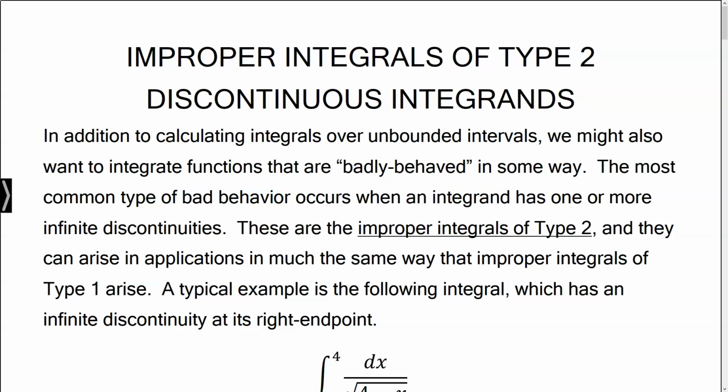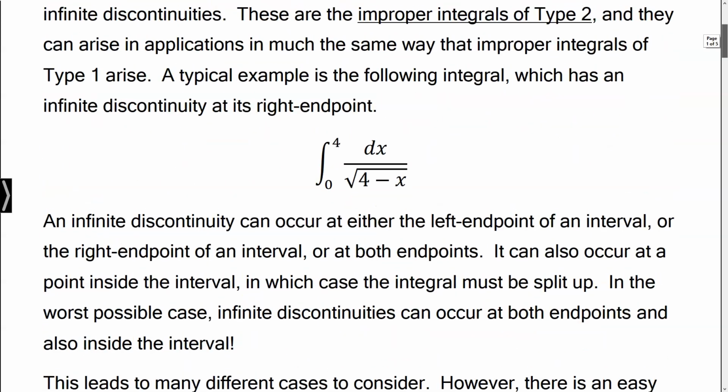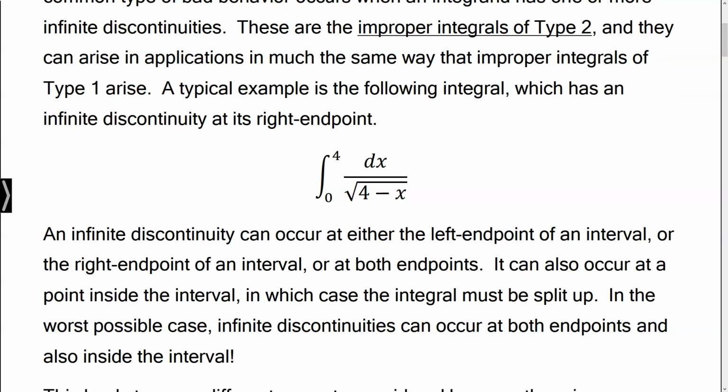So a good example of this is this integral here, the integral from 0 to 4 of 1 over the square root of 4 minus x. Now, the only problem here happens at 4. So from 0 all the way up to 4, but not including 4, if you go to just a little bit before 4, you're going to be okay. You're going to be taking the square root of a positive number in the denominator.